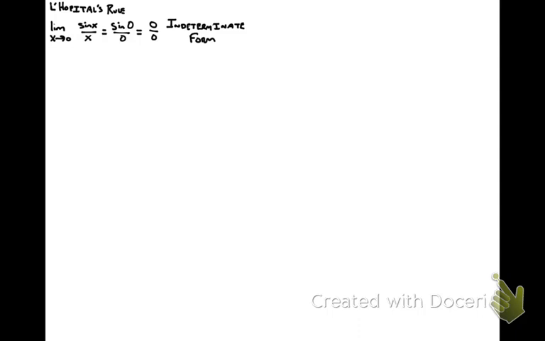Now, L'Hopital's rule, though, allows me to deal with this. In general, the rule says that if I'm taking the limit as x approaches some value a of f of x over g of x, right? So I need to picture whatever I'm thinking about as a quotient of functions.